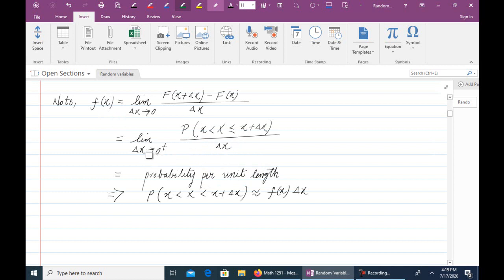When delta x is very small, this fraction would be about the same as the PDF, and so I can say that the probability that X is in between x and x plus delta x is approximately f of x times delta x. So this is one way of interpreting the PDF function. One way I say this is that the PDF function f of x tells us the probability that X is near x.